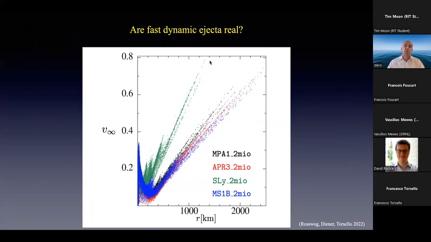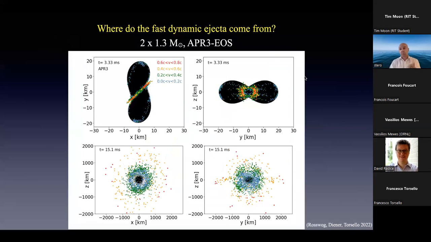But it's not just a couple of isolated particles, where you would wonder, well, is this just spurious numerics or unresolved stuff? I think we cannot make strong claims that the details are converged, but I think they're actually physically there. Now the question that is natural to ask is, where do they come from?